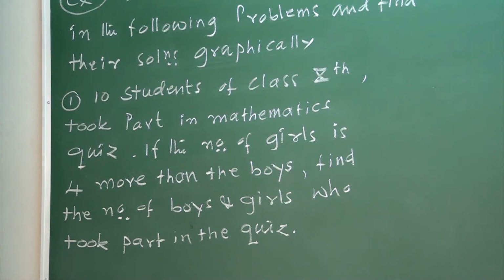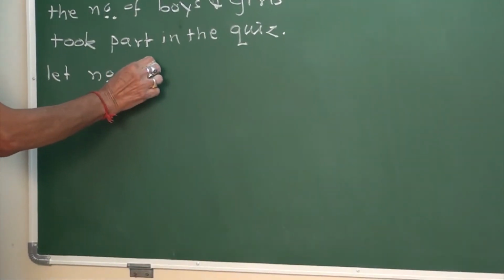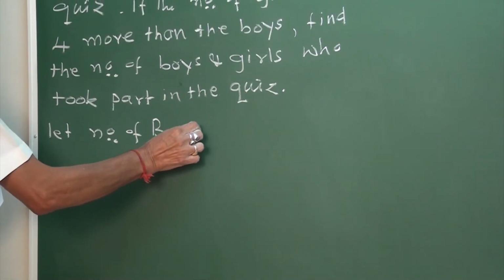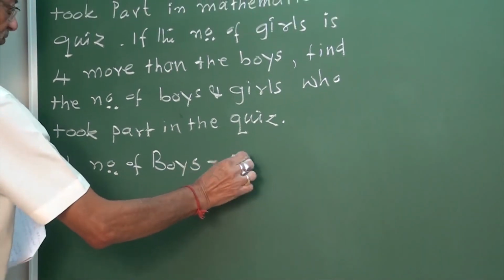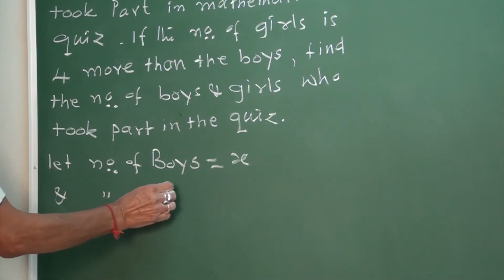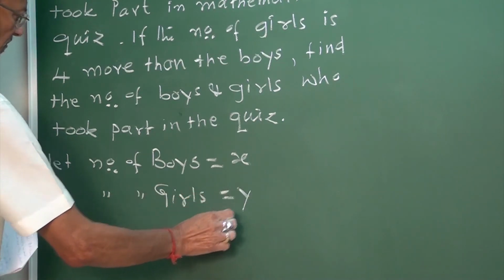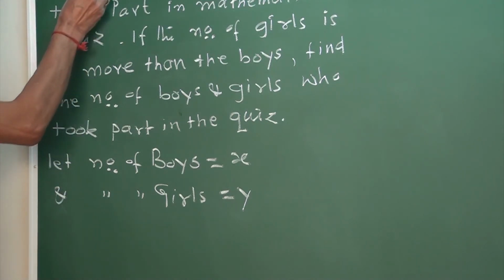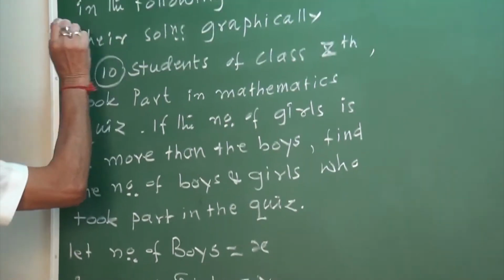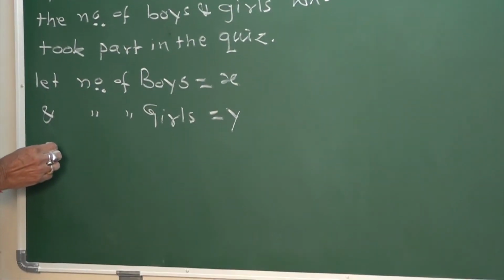Yes, my friends, let number of boys equal to x and number of girls equal to y. Then how many students are there? There are 10 students together.